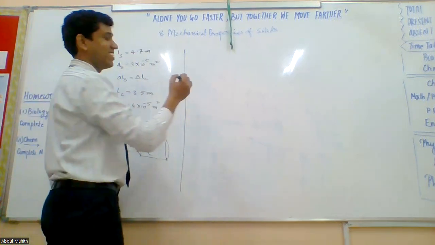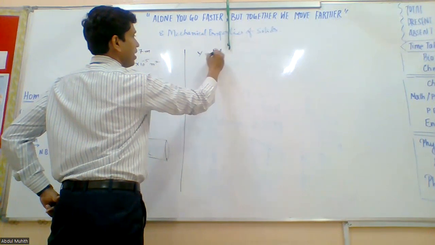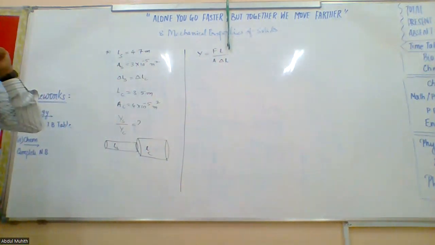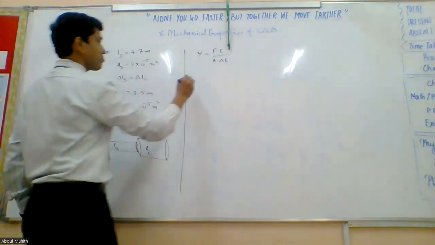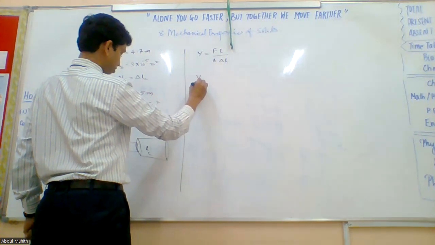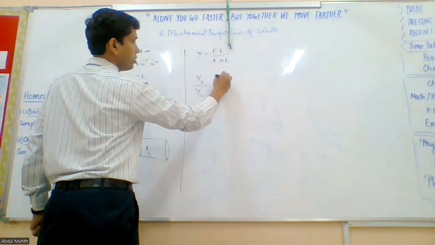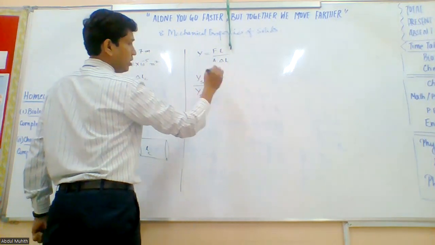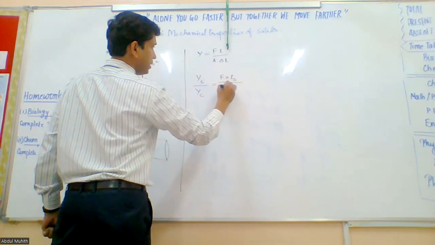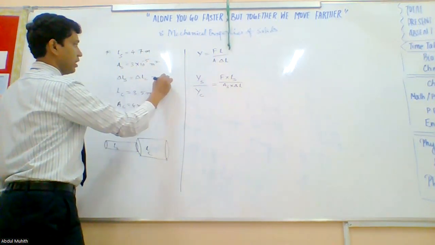Young's modulus is equal to F into L by A into delta L. Now, Young's modulus of steel by Young's modulus of copper. Force is the same load, right? So F is cancelled. LS by AS into delta L, that is the same. Delta L will not change.